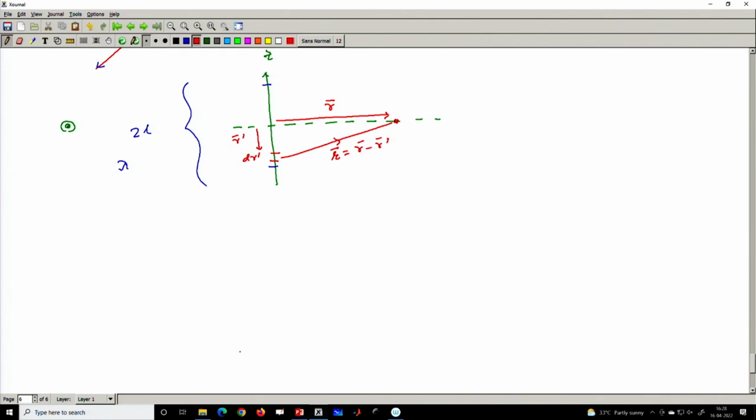From the geometry we can get one thing, let us first do that.